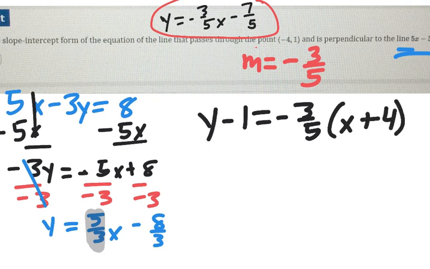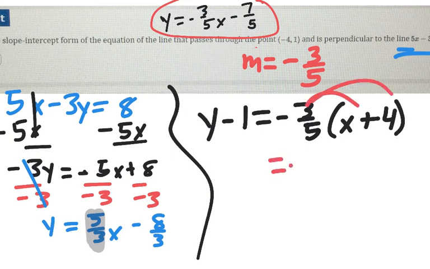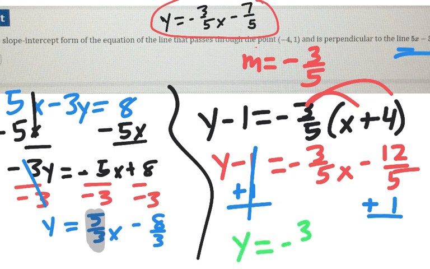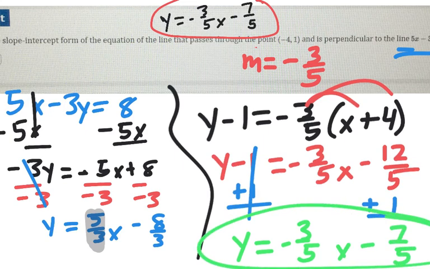So minus -4 is the same thing as +4. And solve. So I distribute. So this is -3/5 x minus 12/5 equals y minus 1. And then I need to add 1 to both sides. So that's going to be y equals -3/5 x minus 7/5. Because they have different signs, subtract, and keep the sign of the dominant number.